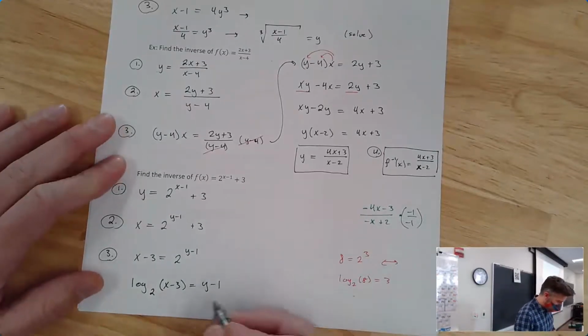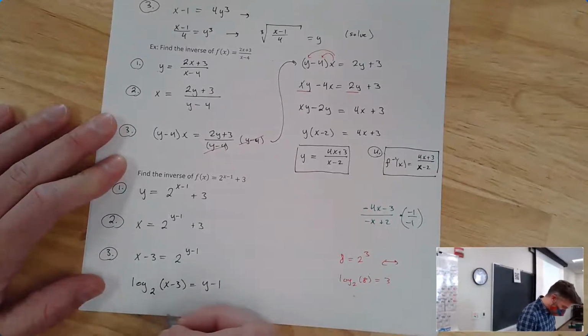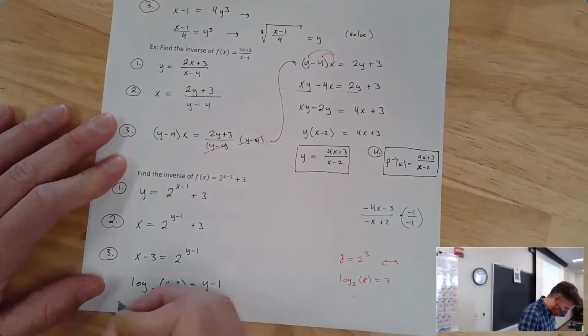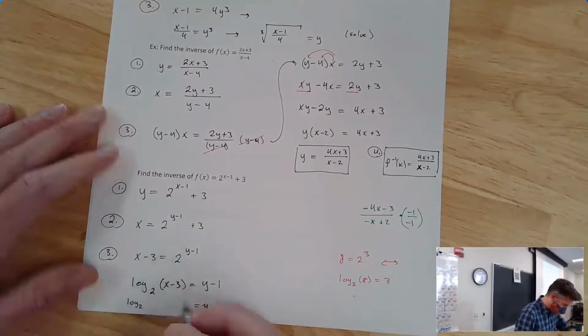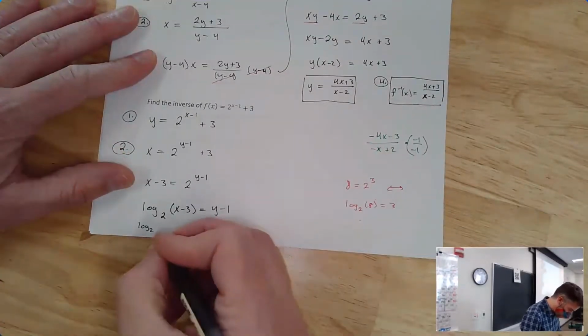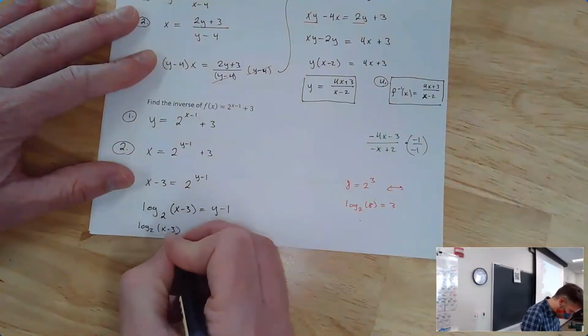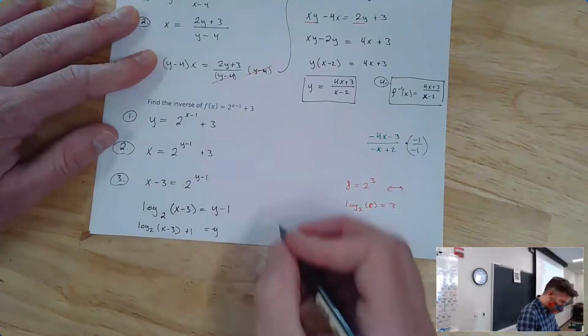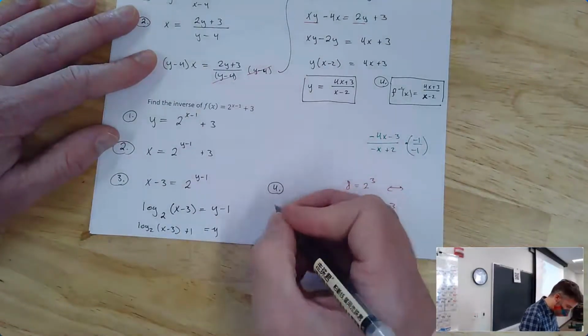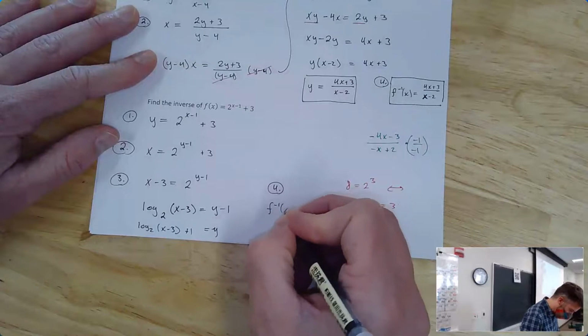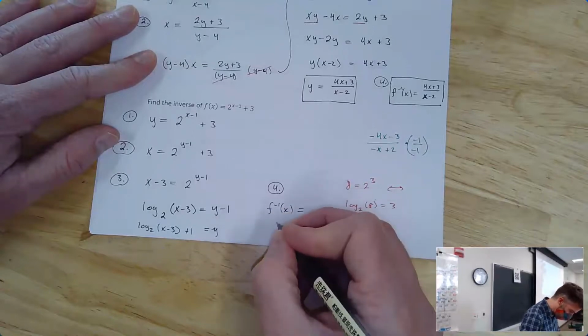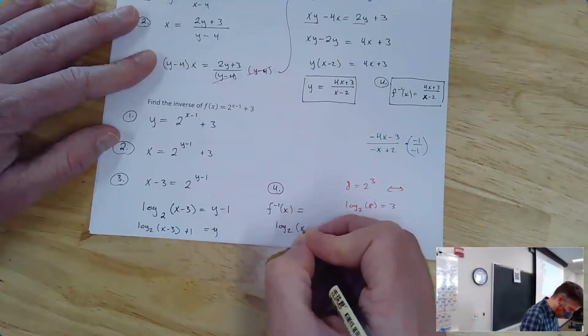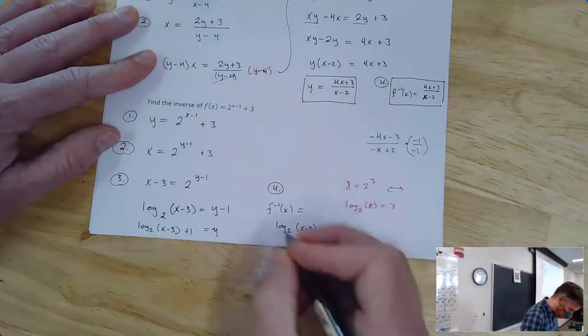And then we can solve for y by adding 1 to both sides. So we get y equal to log base 2 of x minus 3 plus 1. And then I would write my inverse function. F inverse of x is equal to log base 2 of x minus 3 plus 1.